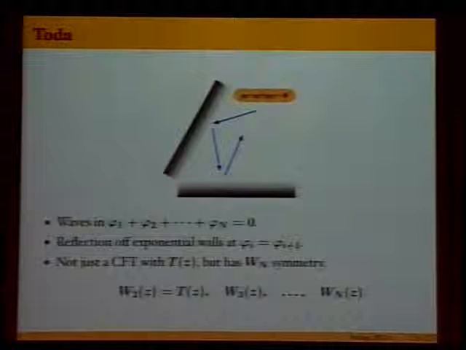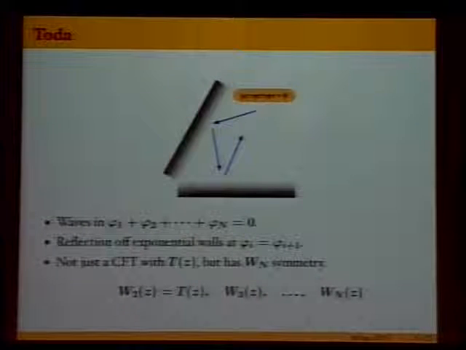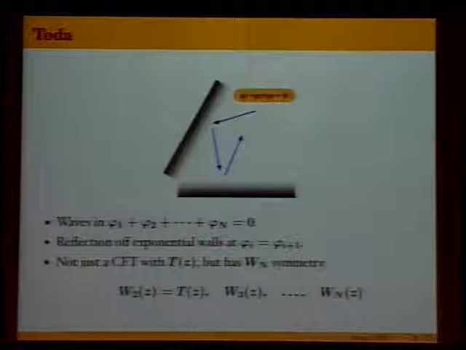Given this, it's very easy to generalize the analysis from 2 M5-branes to general N M5-branes. So there is a natural generalization of Liouville theory, which is called Toda theory.